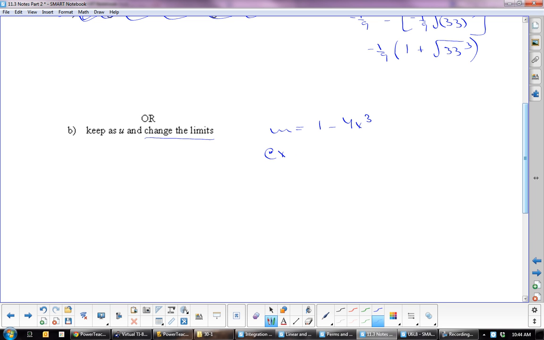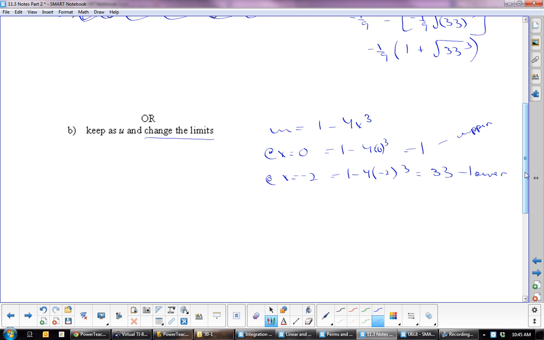So at x equals 0, that would be 1 minus 4x cubed. That gives you the 1. And then at x equals negative 2, 1 minus 4 times negative 2 cubed gives you 33. Now remember, this was the upper limit, and this was the lower, right? Because it should go with the upper and lower of the two numbers.